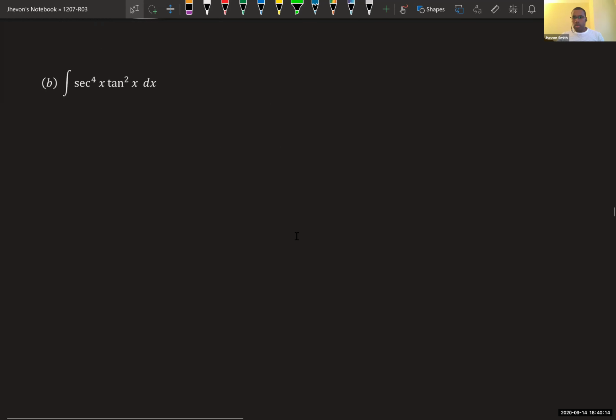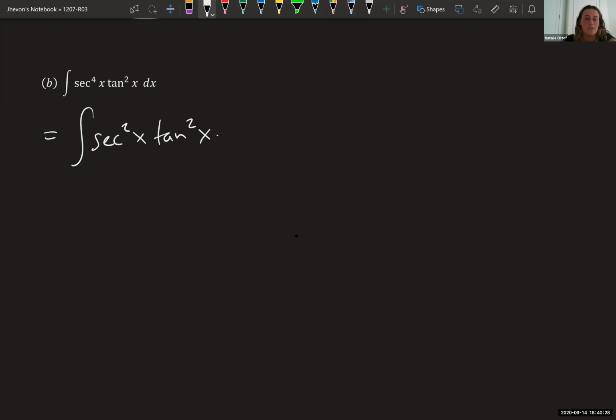Okay, ideas for this one? So you separate out, you save a secant squared x, then you have tan squared x times secant squared x dx, and then you'll save that for du. Mm-hmm. Which means, what do we need to do?